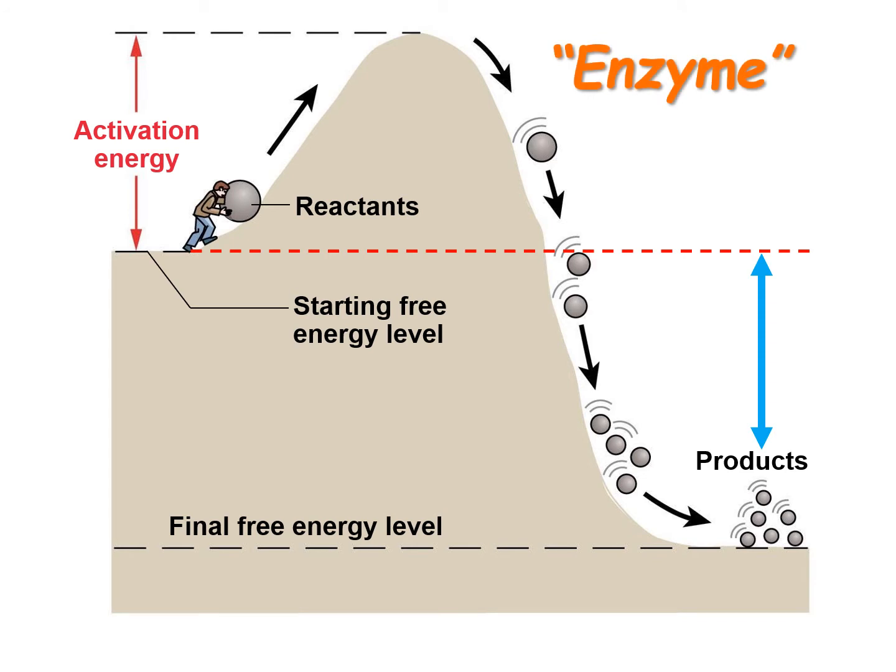But what an enzyme will do, an enzyme and catalysts writ large, enzymes are biologic catalysts. Enzymes lower the activation energy requirement so that this reaction of taking this reactant and turning it into products becomes spontaneous at physiologic temperature. That's the key.